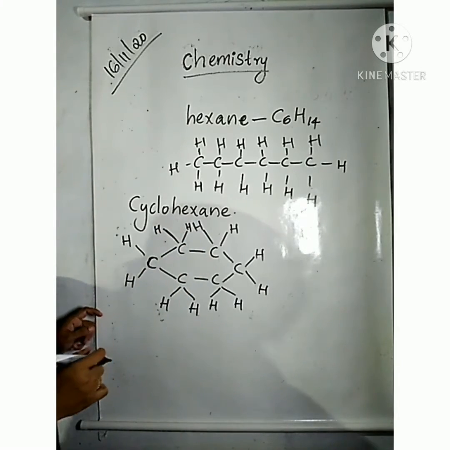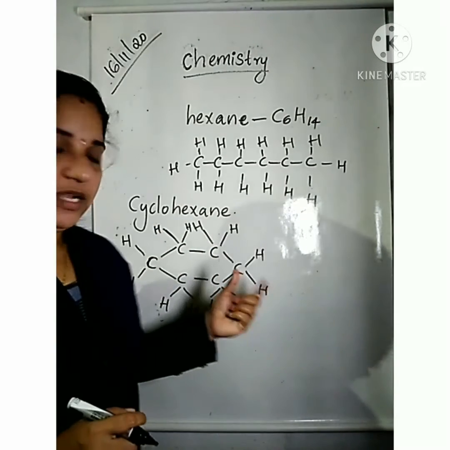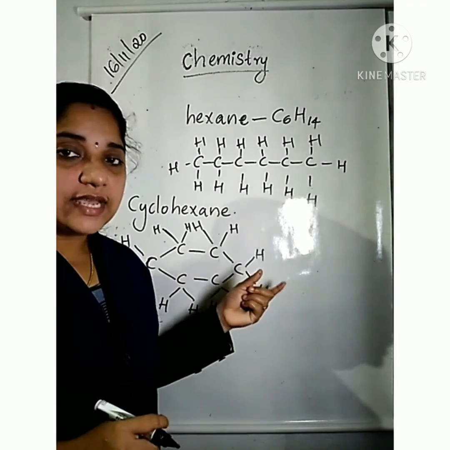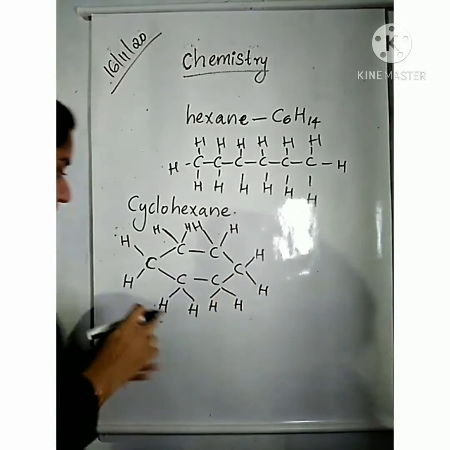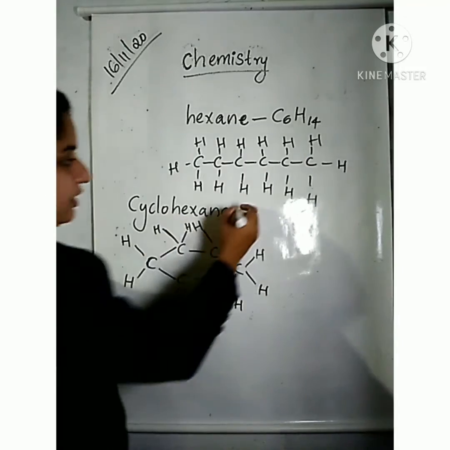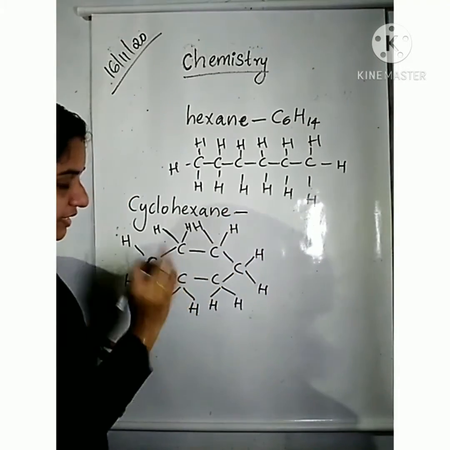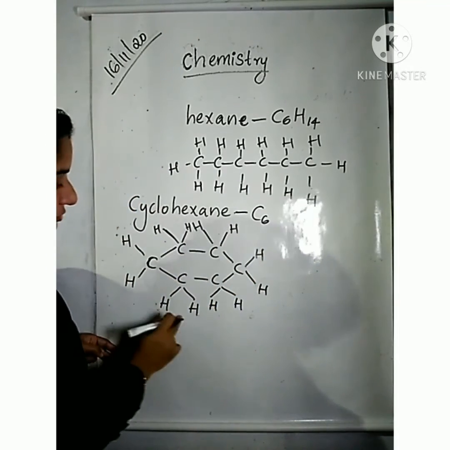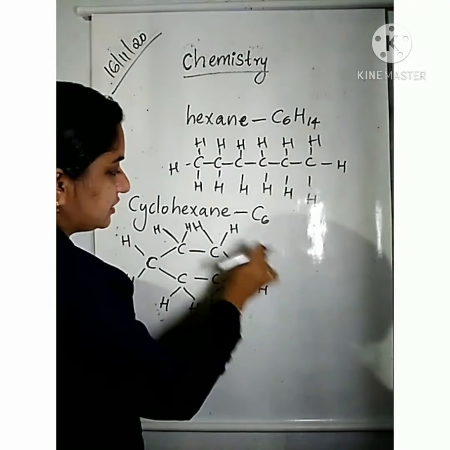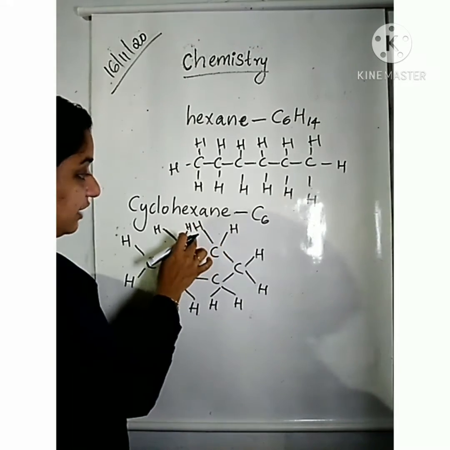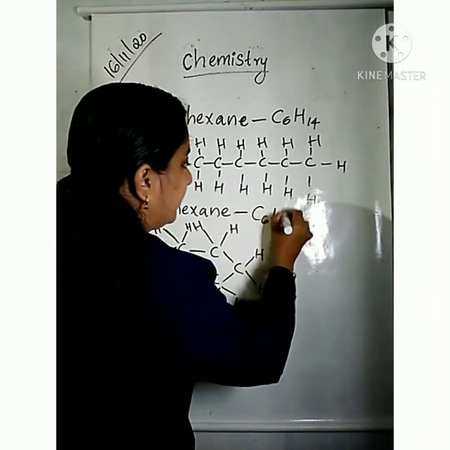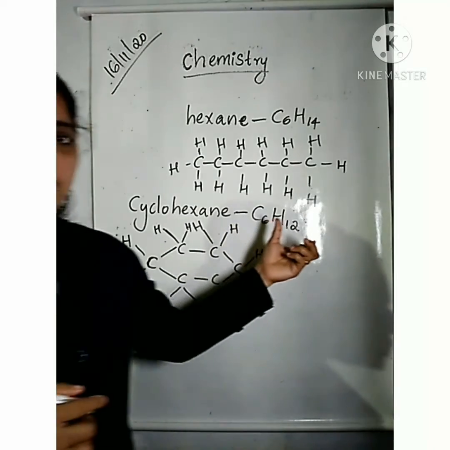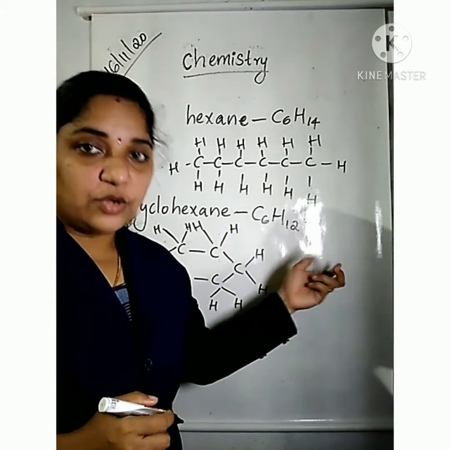Then only it can satisfy its valencies. Look here, this is the structure of cyclohexane. Cyclo means it is a ring structure. Then you count the hydrogen atoms as well as carbon atoms. First one, carbon atoms C6. Hydrogen atoms 1, 2, 3 up to 12. This is the molecular formula of cyclohexane.